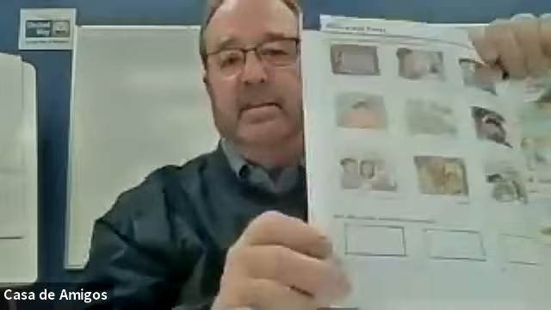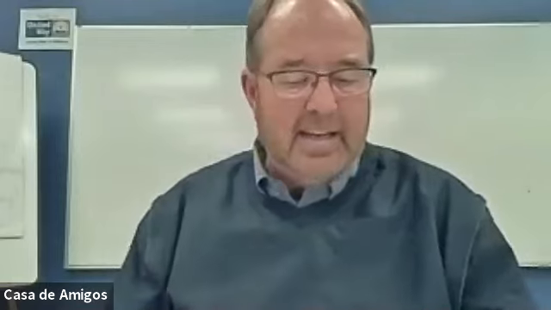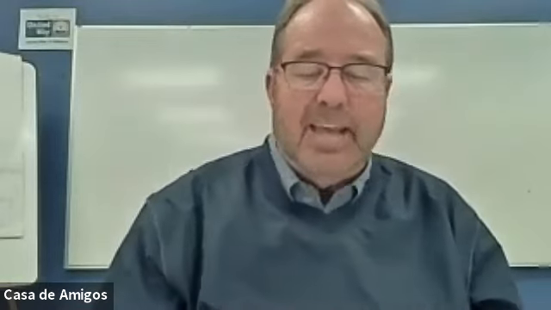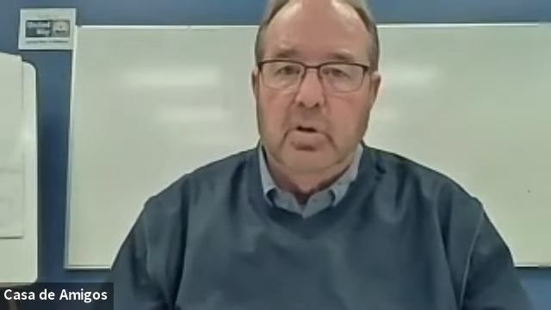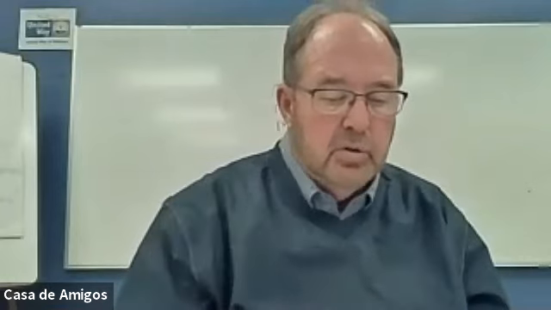Let's look at page 14. What you're going to do is you're going to ask and answer questions based on what you see in the picture. Like in the first picture, that is Albert, and you would say, where is Albert?